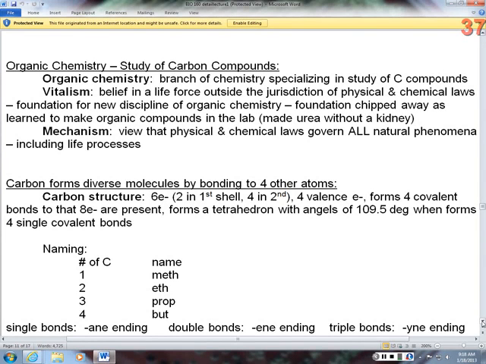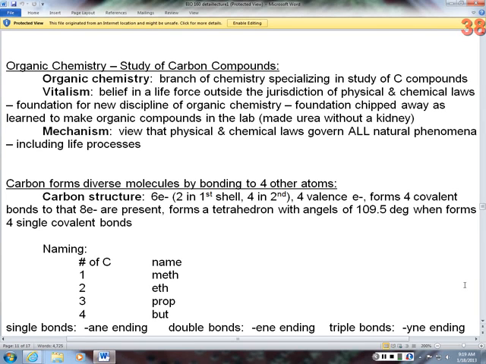The first thing they learned to do was make urea without a kidney, almost a synthetic urine. They decided this stuff doesn't require something alive to make it, and that chipped away at the idea. It's kind of funny to think that making fake urine would have such a profound effect on science.